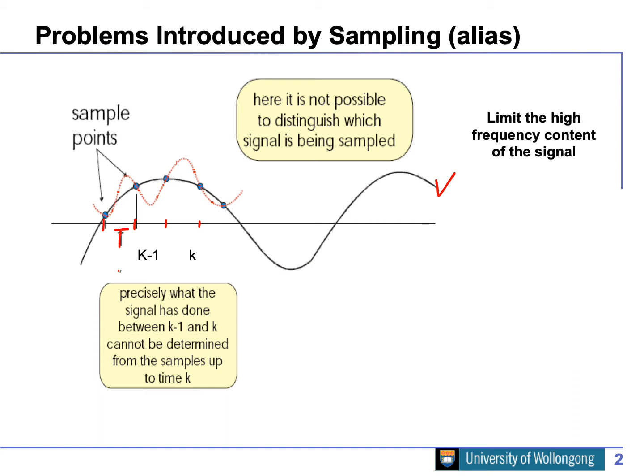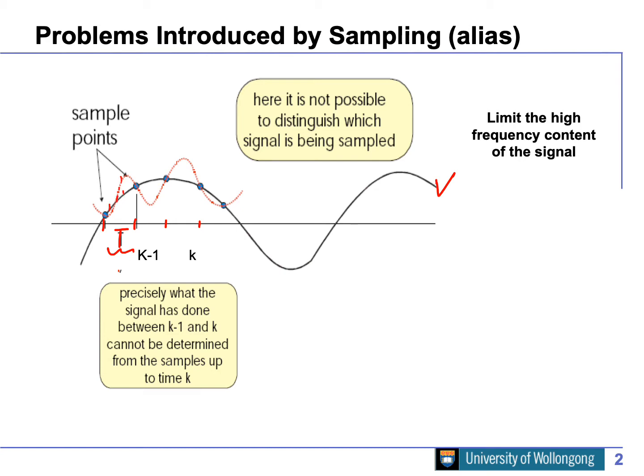Then you have another signal, this red dotted one, with a somewhat higher frequency. It can also be sampled at exactly the same sampling times and give exactly the same samples. So it's impossible to tell which signal we are actually sampling. You can see the issue here.